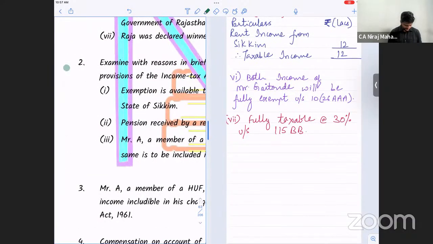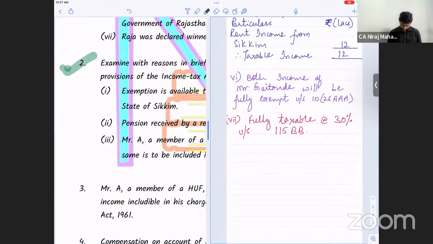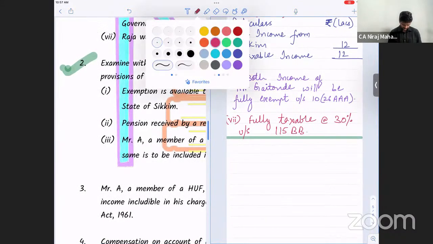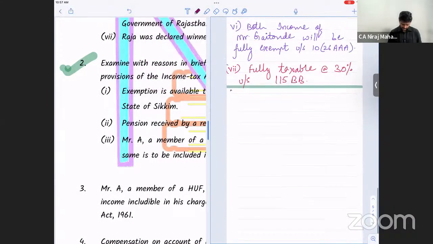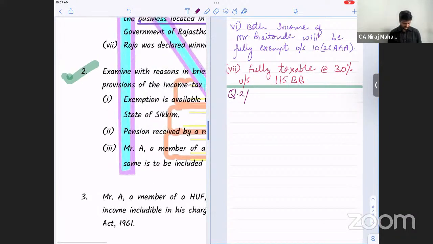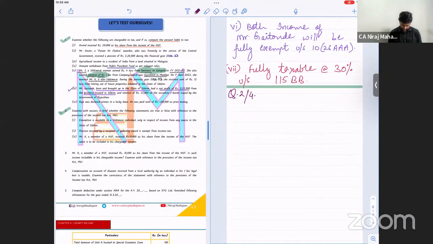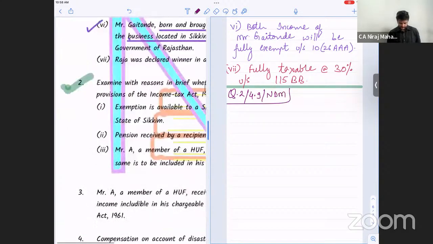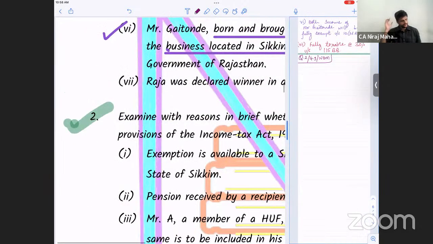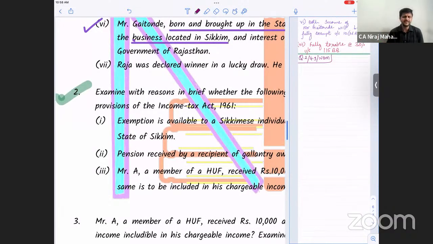Question number 2. Ready, all of you? Now, all of you are there in one single group only now.